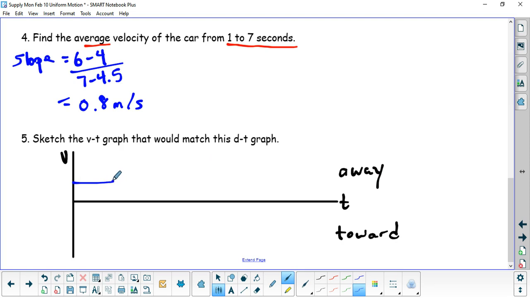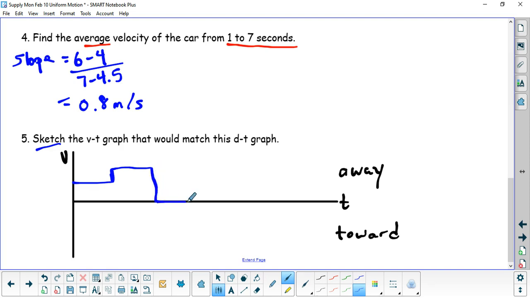Then it's a faster constant velocity. Now they have to join each other, so I'm just going to join them with a line. But there we go, a constant velocity, but faster, right? And remember, this is a sketch. I'm not getting too excited. I'm not going to get crazy about exact numbers. I just want the shape, right? We're talking about shape. That's why it says sketch. Then it stops.